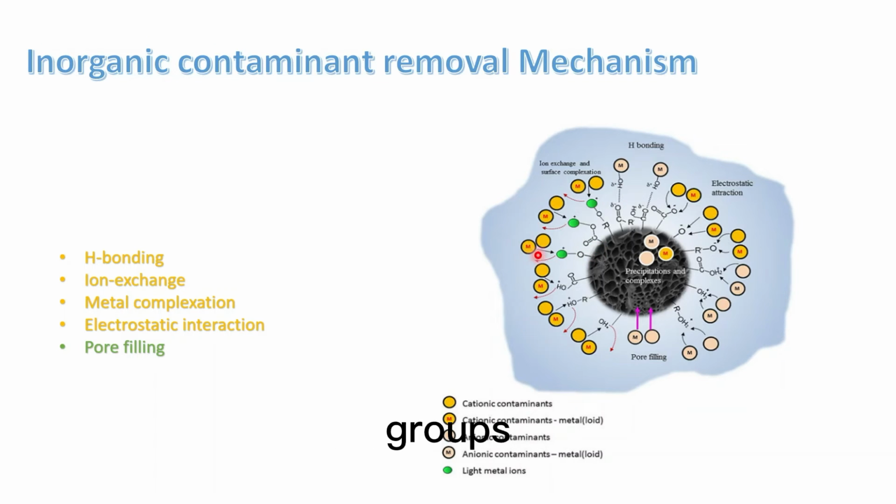The carboxylic groups and the hydroxyl groups on the surface of the biochar interact with metalloids by means of three interactions: the formation of complexes, electrostatic interactions, and anion exchange mechanism. So these are the main mechanisms involved in the removal of various cation and anion contaminants from water using biochar.